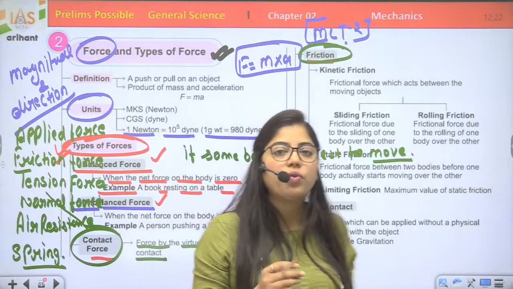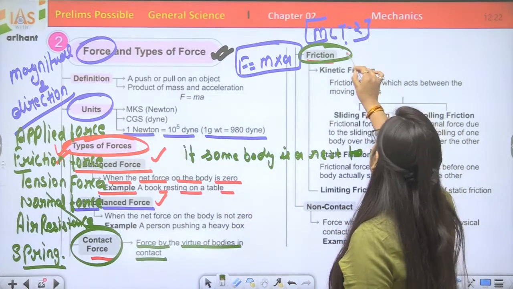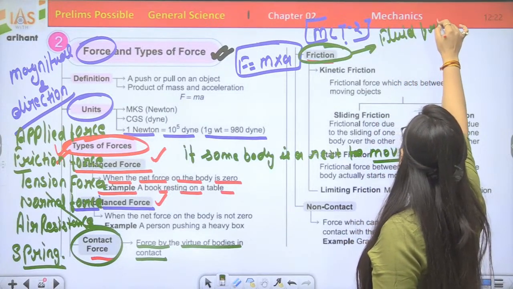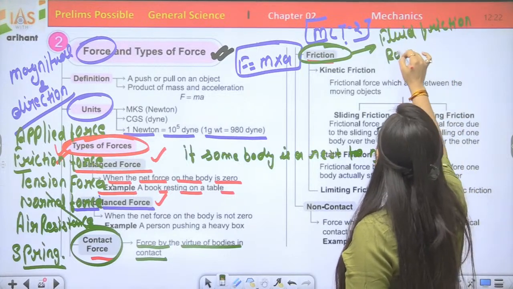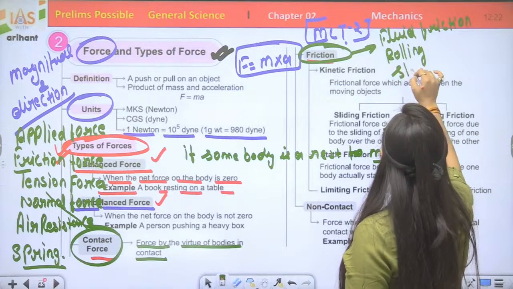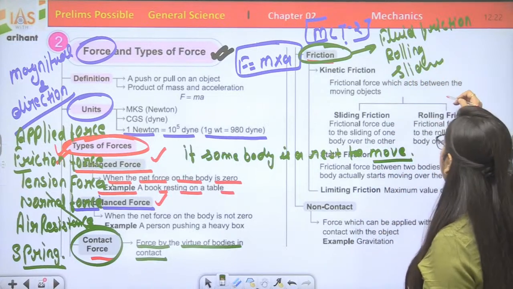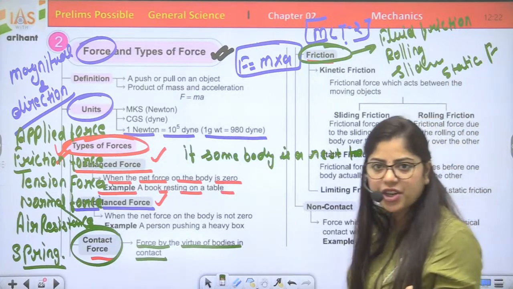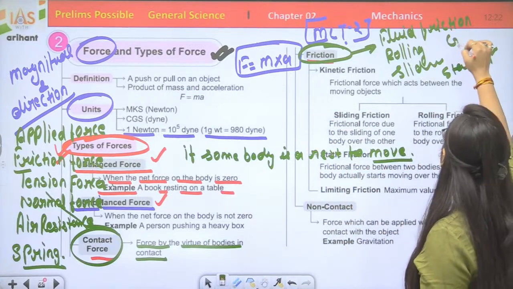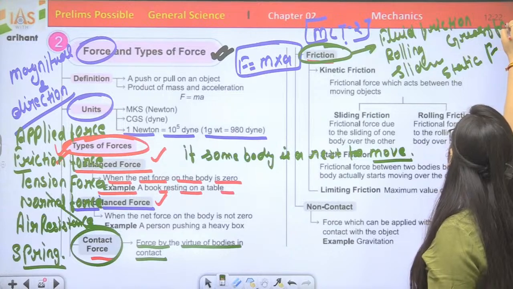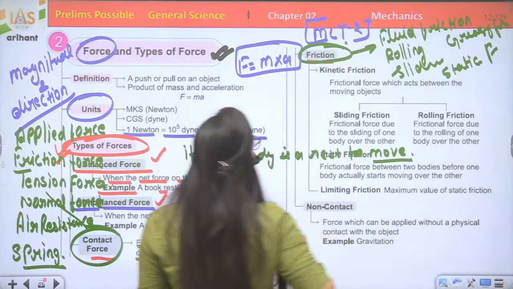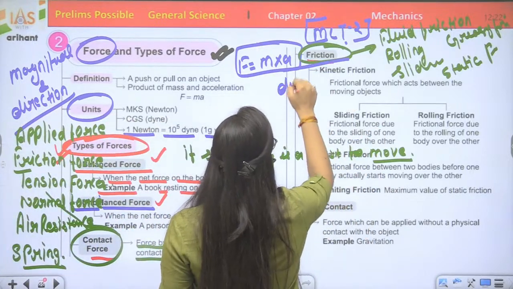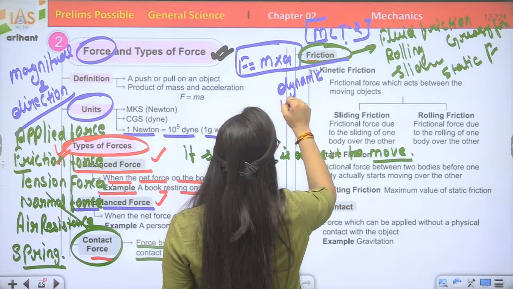Friction force is further divided into many types like fluid friction, rolling friction, sliding friction, static friction, and kinetic friction, also known as dynamic friction.